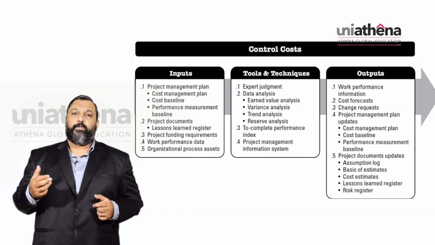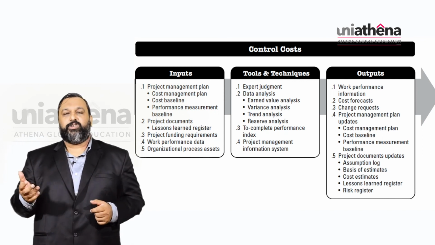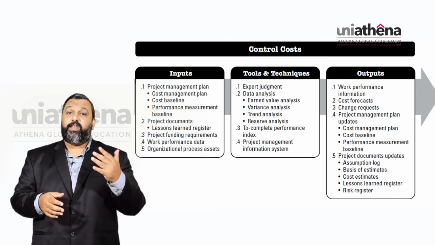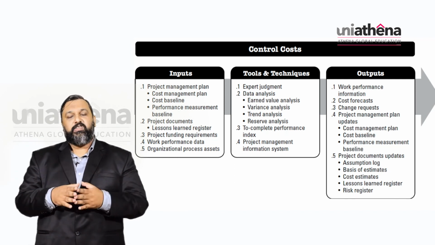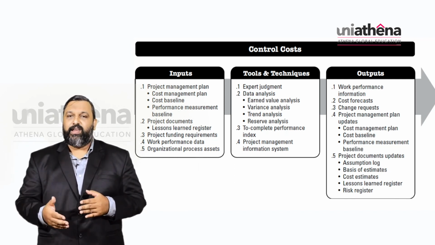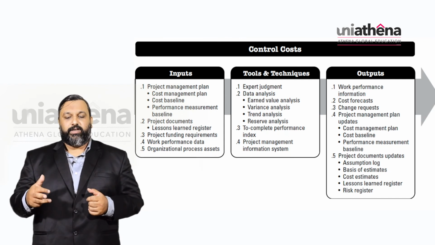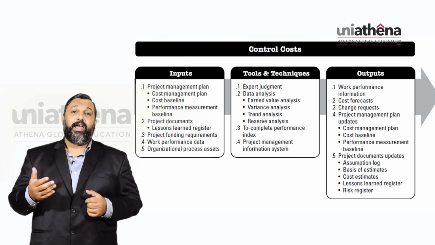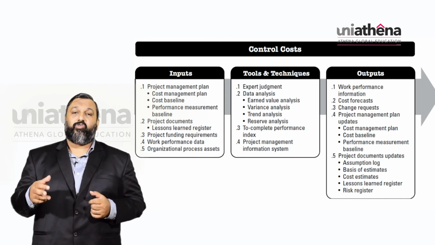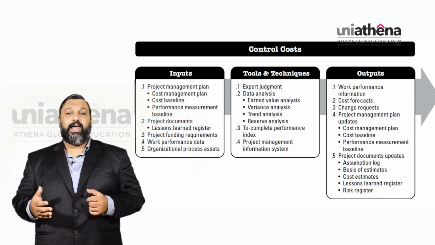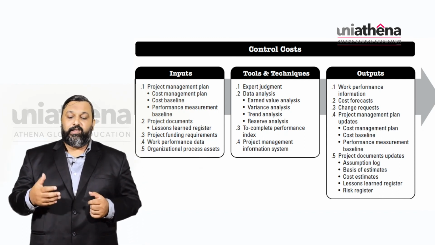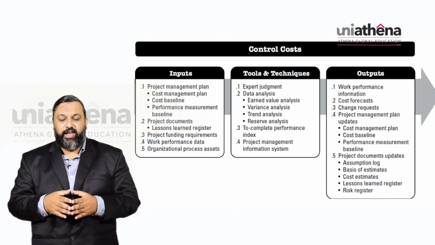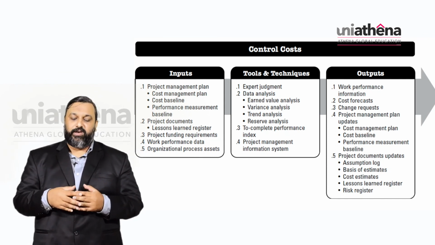Then you have your work performance data and organizational process assets. The tools and techniques used are expert judgment, data analysis, that is earned value analysis, trend analysis, variance analysis, reserve analysis, to complete performance index, and project management information system.